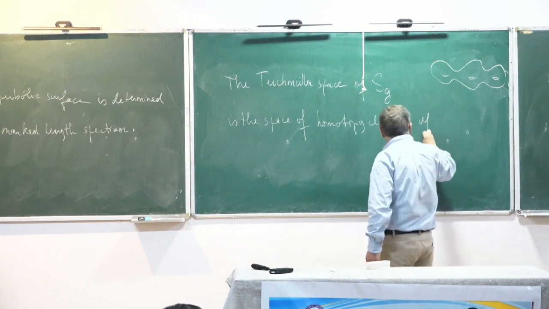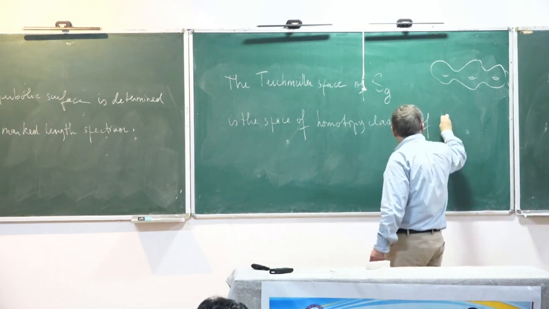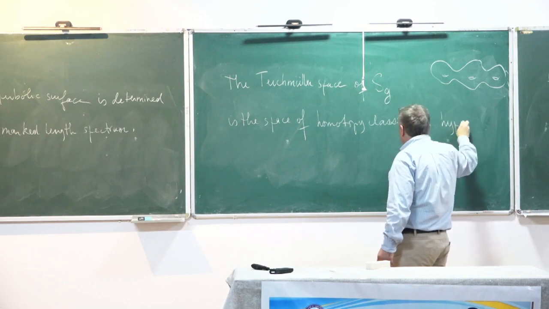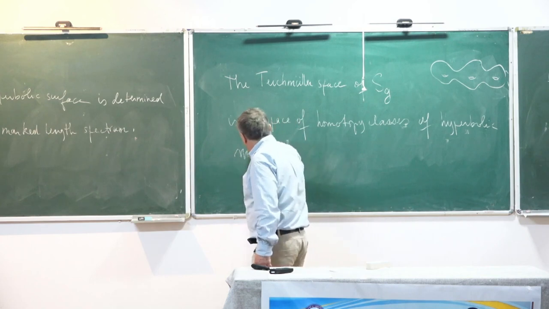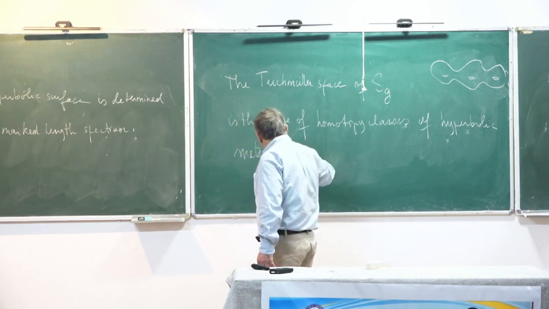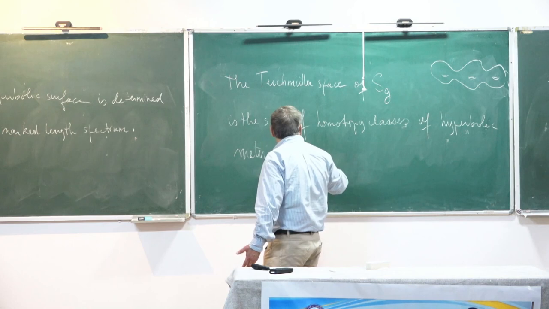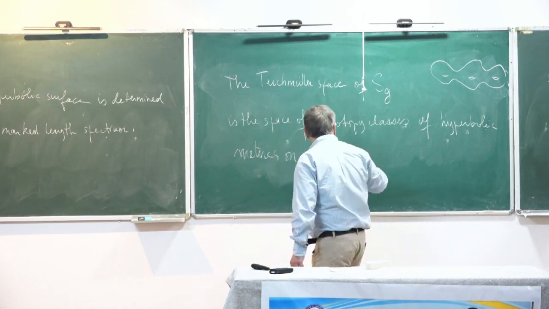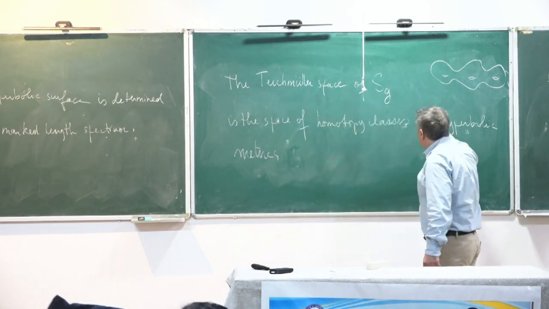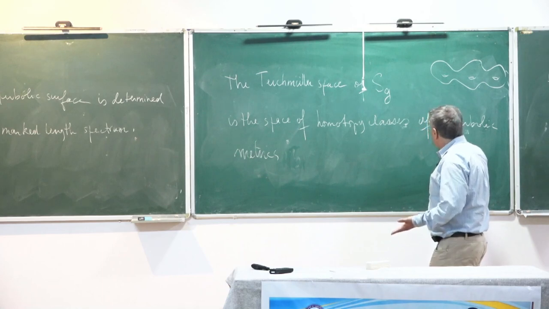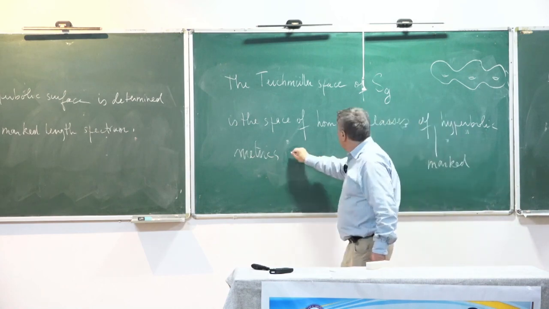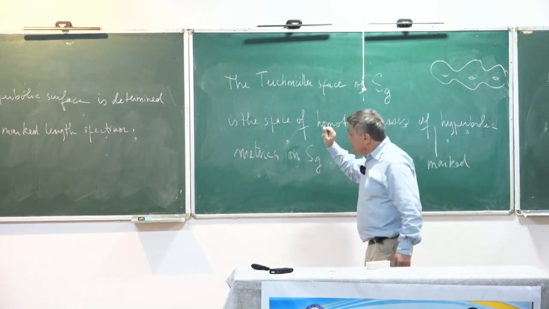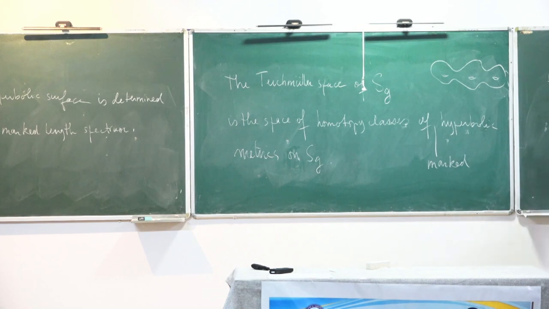Homotopy classes of marked hyperbolic metrics on S_G. And this is the most precise definition. Now I didn't cheat you. We didn't forget any word here.